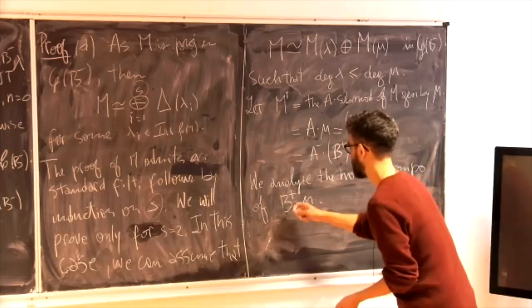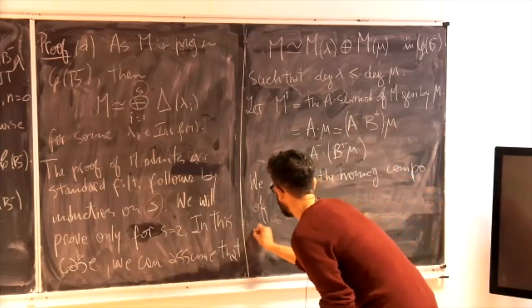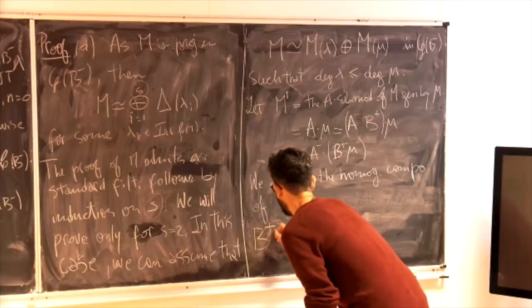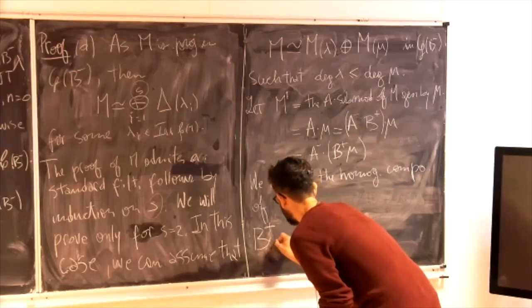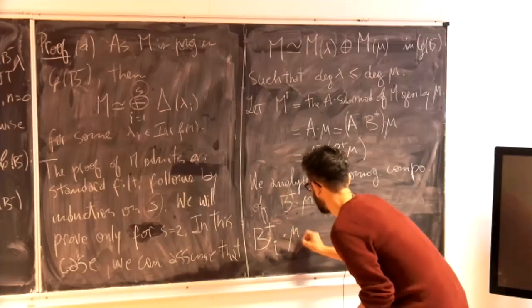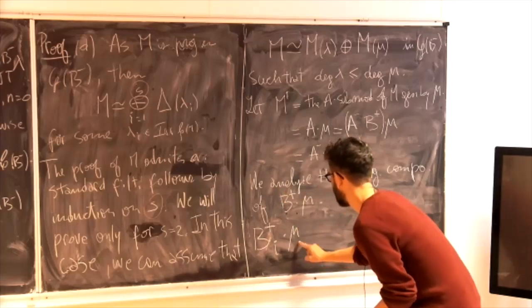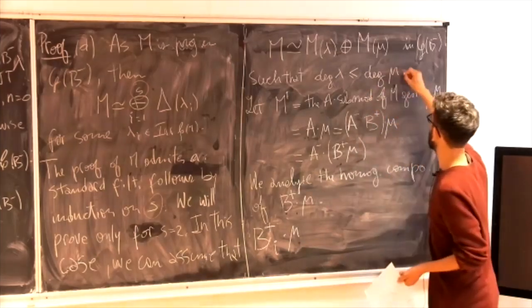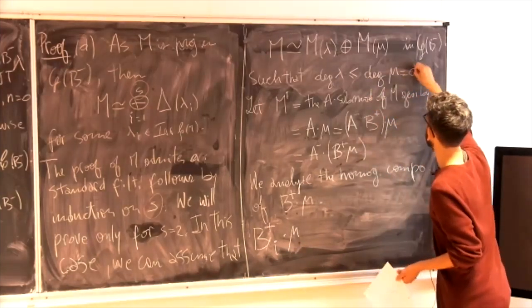So B plus is all in positive degree. So we have B plus, the homogeneous component of degree I of this acting on mu, which is in degree, let me say that the degree of mu is D.